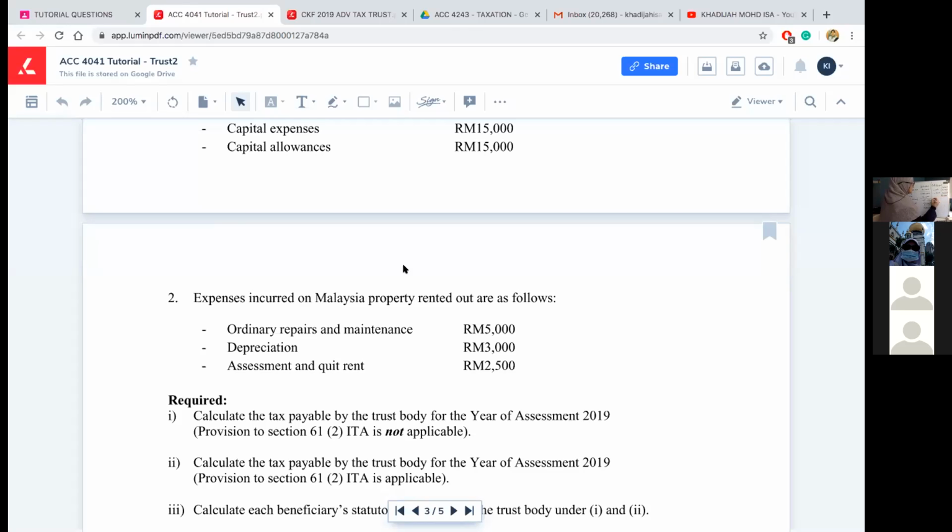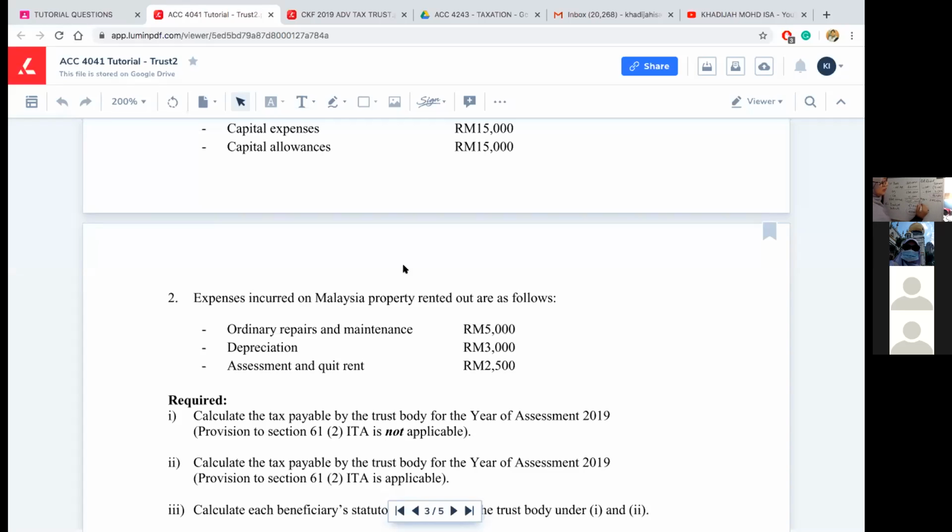Okay. So how much is your aggregate income? Now you add on. Your statutory income plus 48,000 plus 92,500. So that gives you an aggregate income of 245,500.